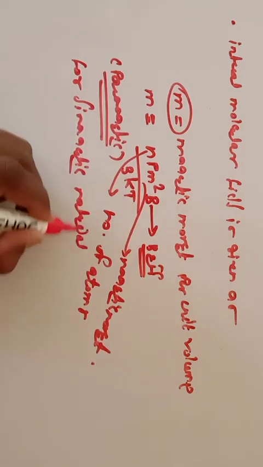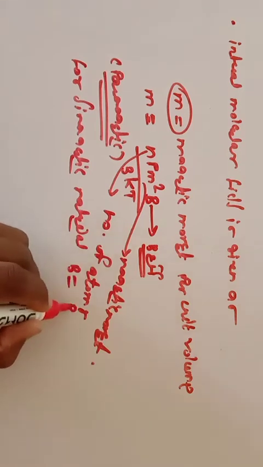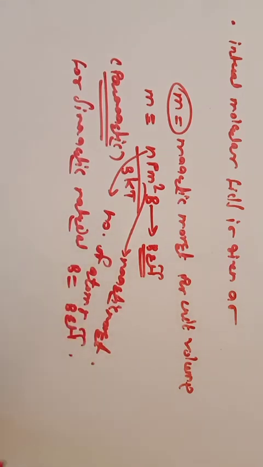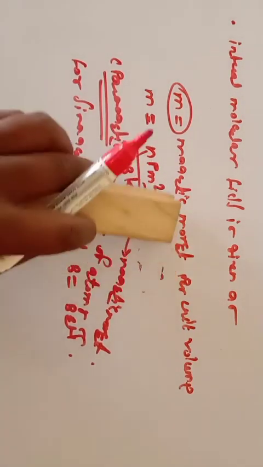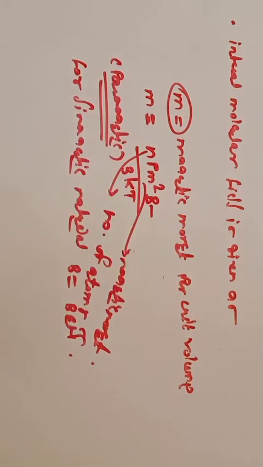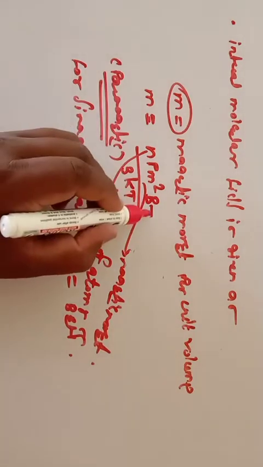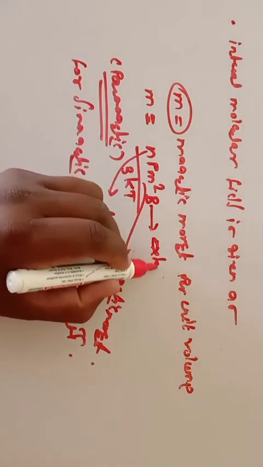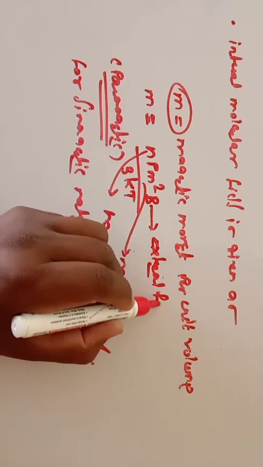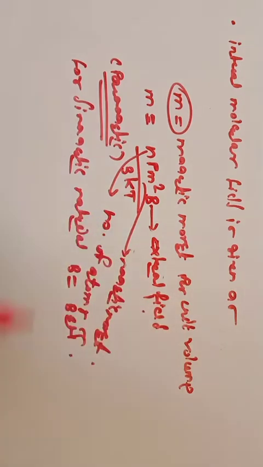For diamagnetic material, B is equal to B effective, and therefore we substitute here, this is nothing but your external field.